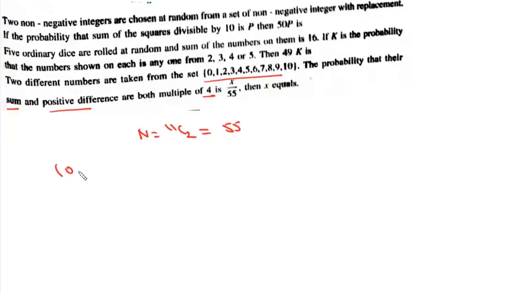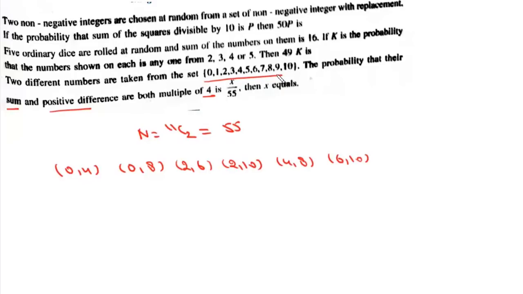Now one of the possibilities 0 and 4, 0 and 8, and then we'll have 2 and 6 and 2 and 10. Then we have 4 and 8 and 6 and 10. Now 5 and 1, the difference is 4, but 5 plus 1 is not a multiple of 4. Now 7 plus 1 is a multiple of 4, but 7 minus 1 is not a multiple of 4.